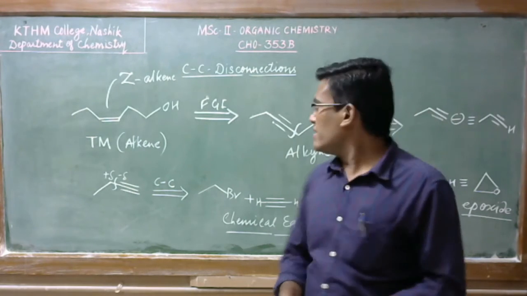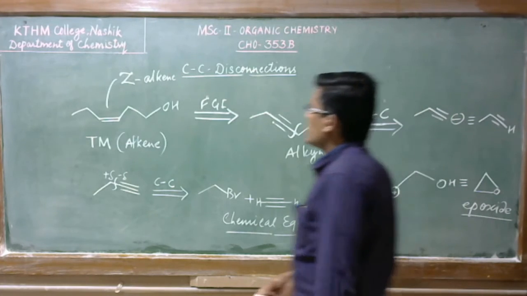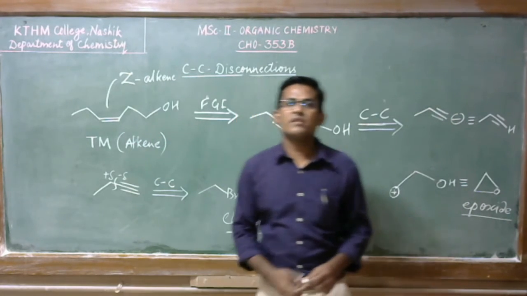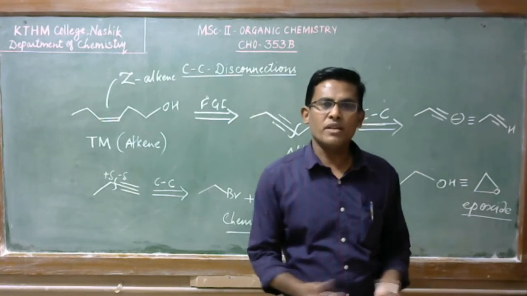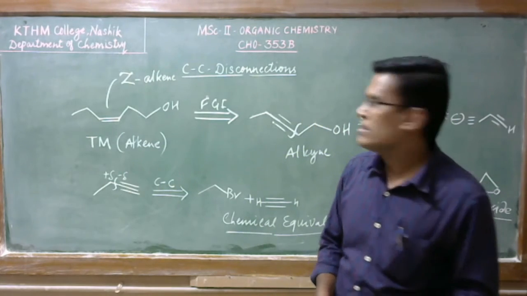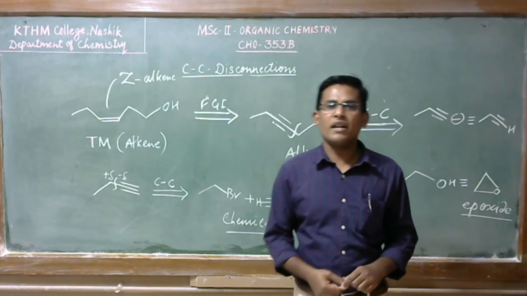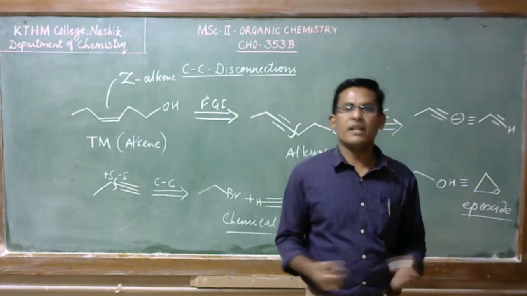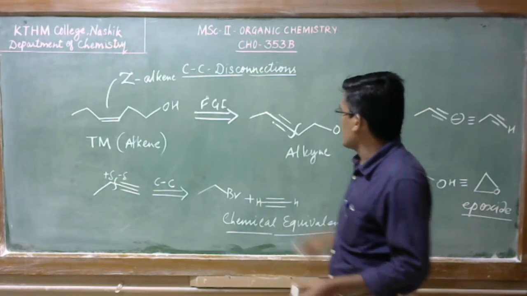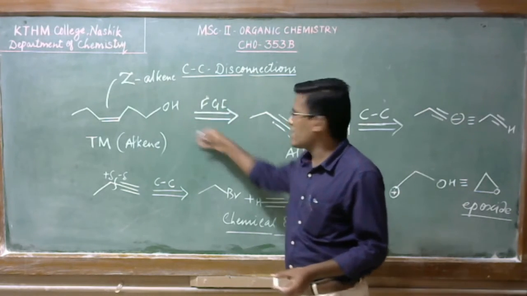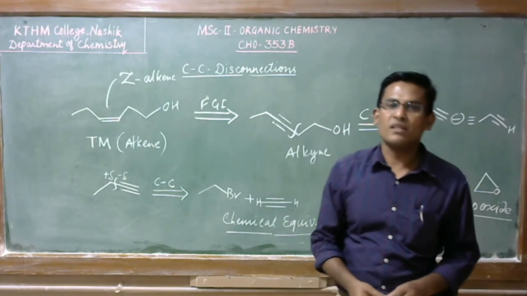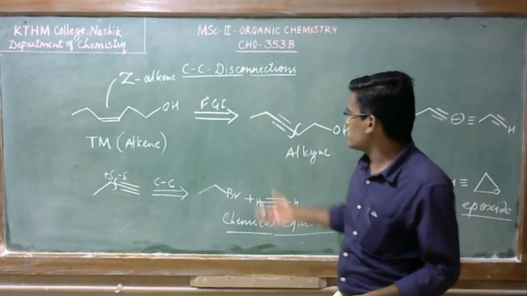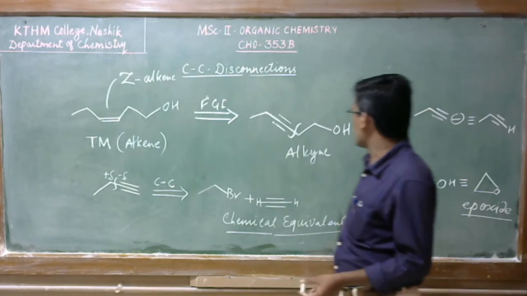So what we have done: in our target molecule there is a presence of cis-alkene, and we know this cis-alkene can be obtained from alkyne by using Lindlar catalyst. So we have just applied FGI, functional group interconversion, converting this alkene to alkyne.